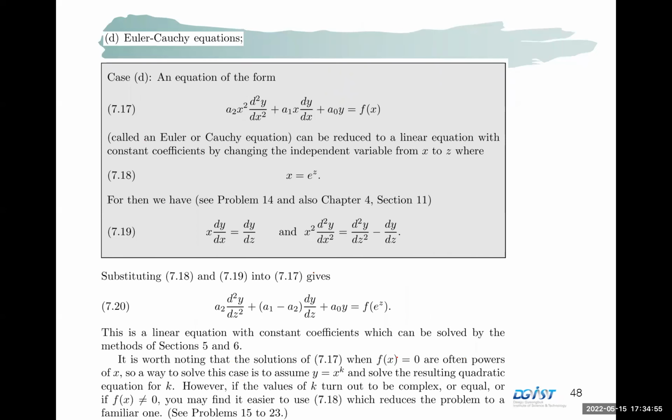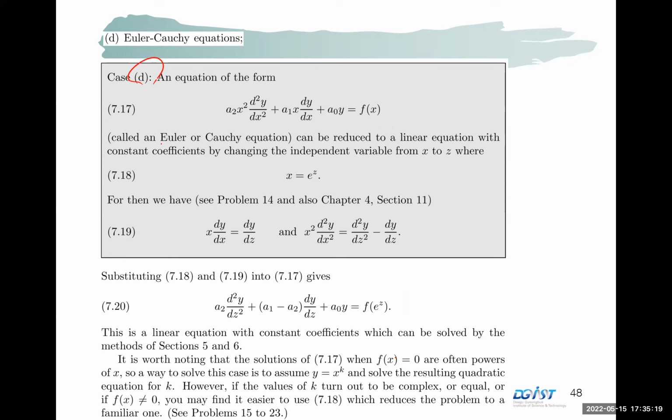Okay, so the next example is case D. If an equation has this form, we have x square in the second derivative term, x linear in the first derivative term, and a constant for the y term, and on the right-hand side we have f(x).